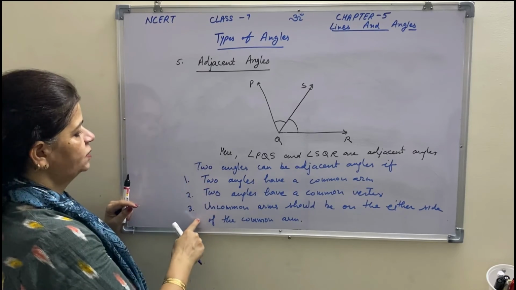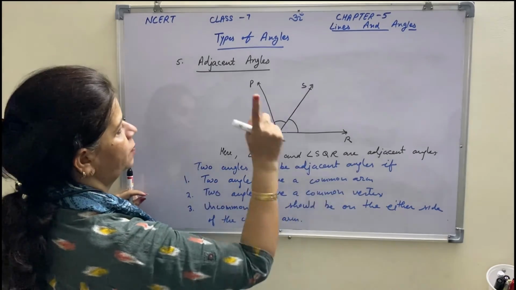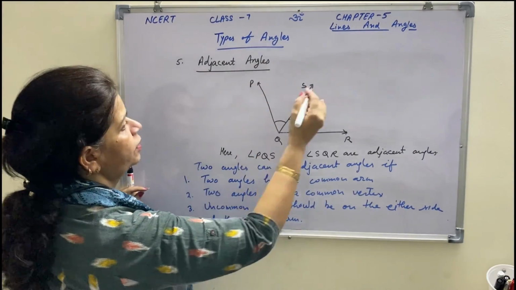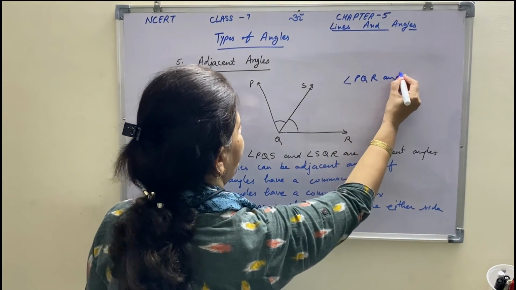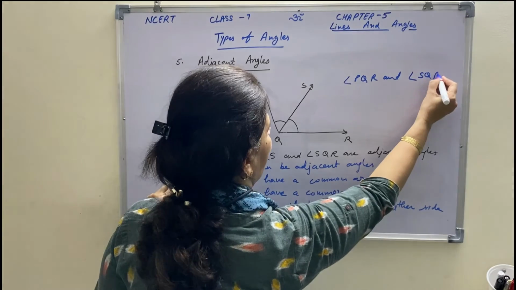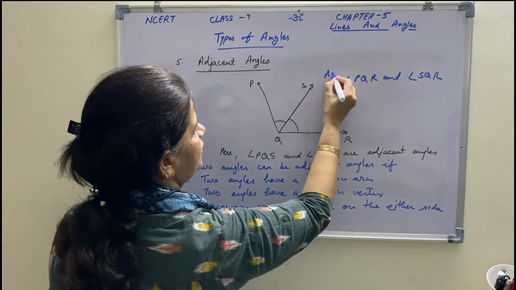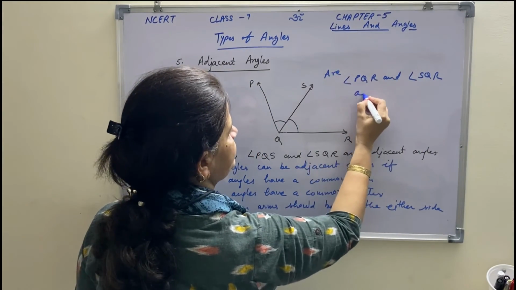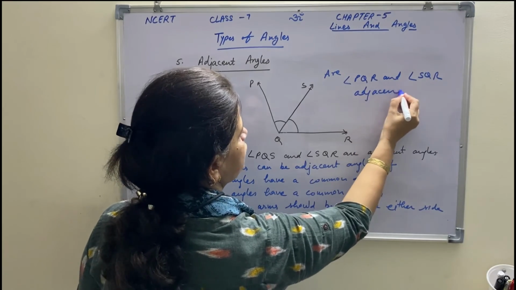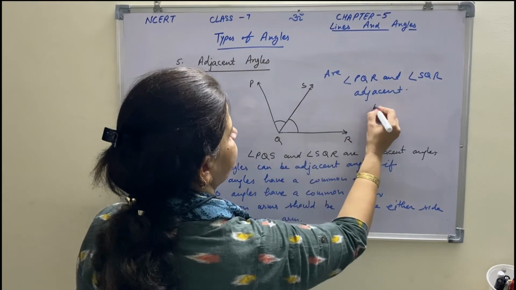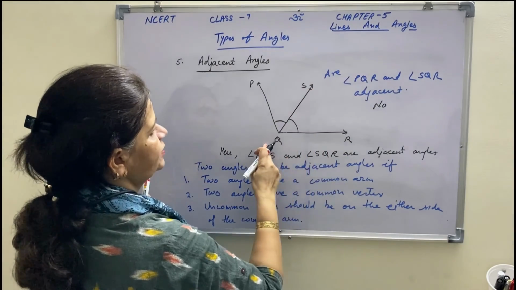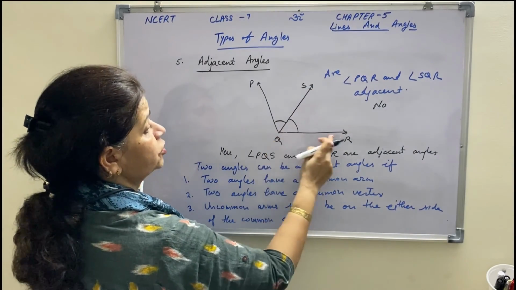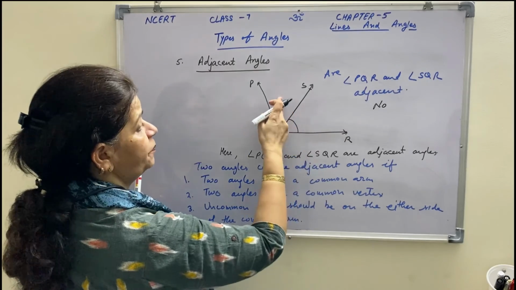I am explaining once again. Two angles have a common arm. Here, if you write angle PQR and angle SQR, are they adjacent? Are these adjacent? Then our answer is no. Why? Because for angle PQR and angle SQR, the common arm is QR, which is not between them.